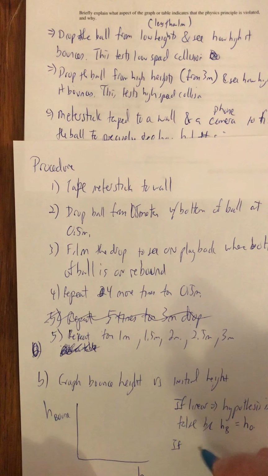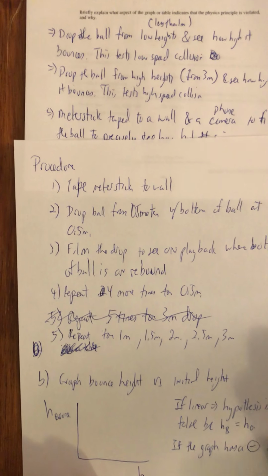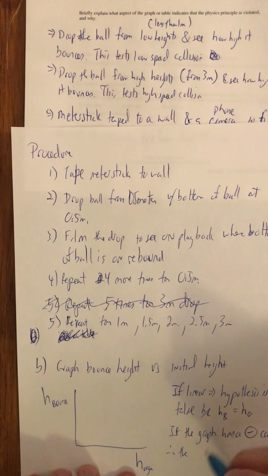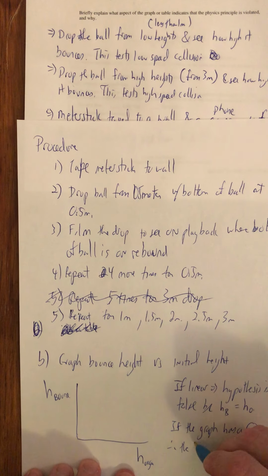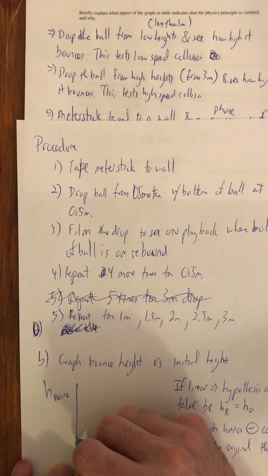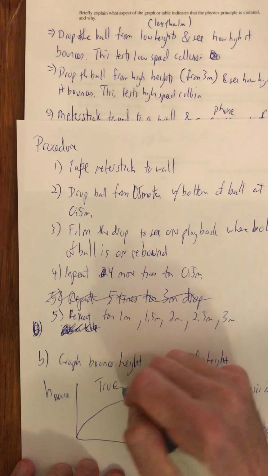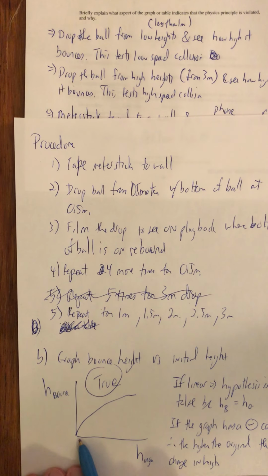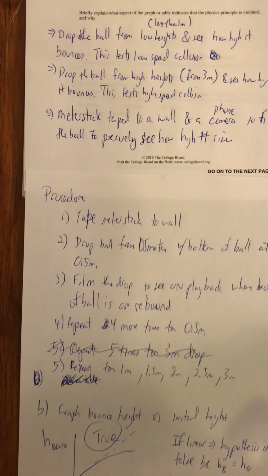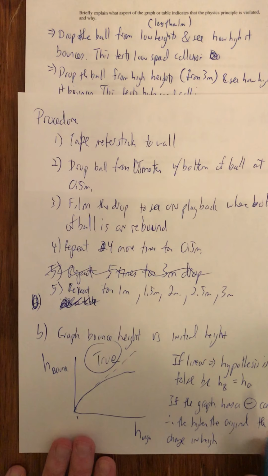If the graph has a negative concavity, then the higher the original height, the more change in height. That would mean the student's hypothesis is true, because as you go up, there's more of a shift from that linear relationship that you're expecting. All right, so that's my B.